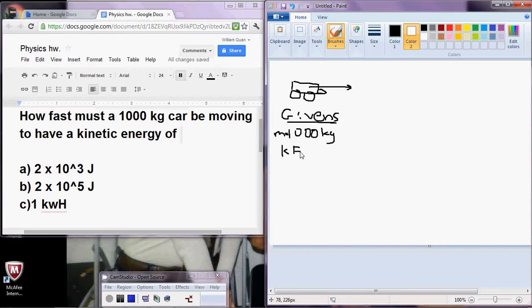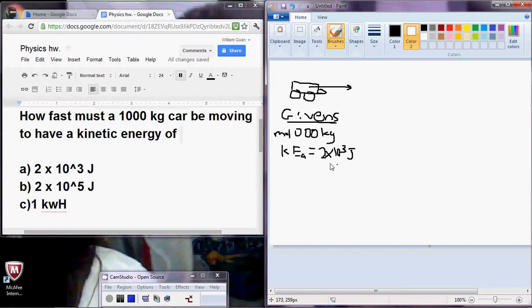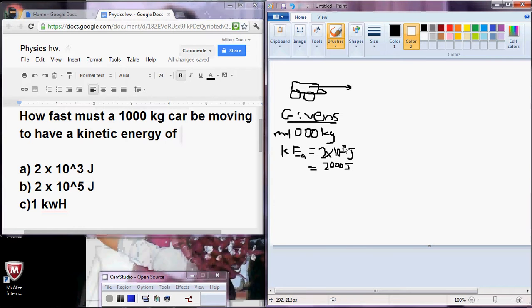So KE, let's just call this KE A, equals, I'll just do one of them, 2 times 10 to the 3rd joules, which also equals 2,000 joules. 10 to the 3rd is 1,000, times 2 is 2,000 joules.